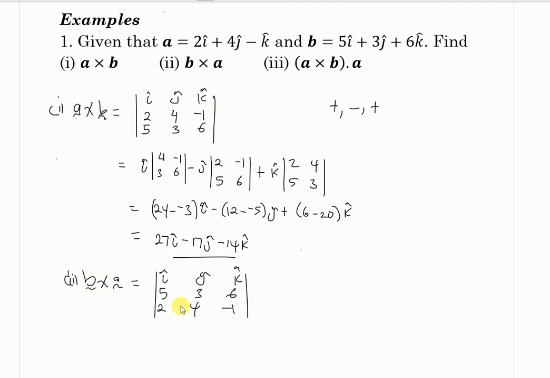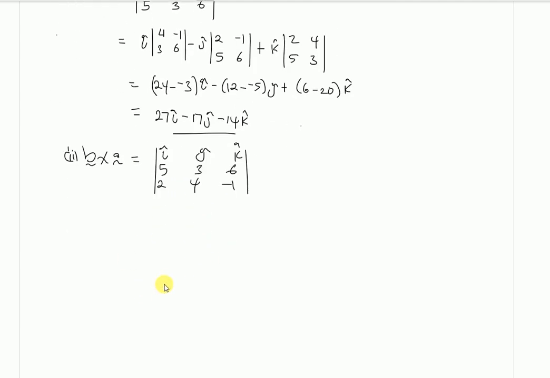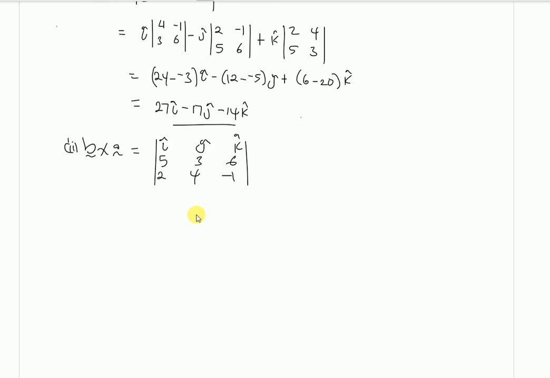Here B is the first one, you have B up, then B, then A downwards. And we shall have now i, for i we have the determinant which is 3, 6, 4, -1, minus j, and the determinant is 5, 6, 2, -1, plus k, and the determinant which is 5, 3, 2, 4.